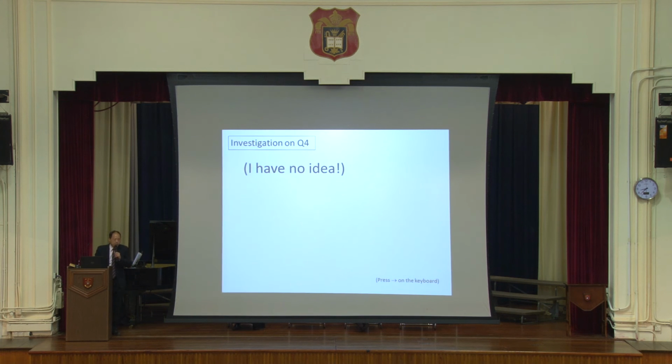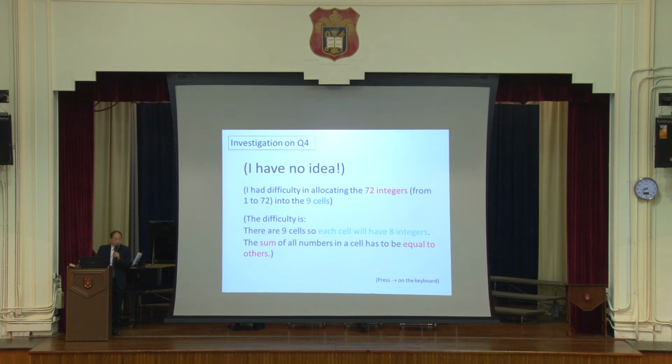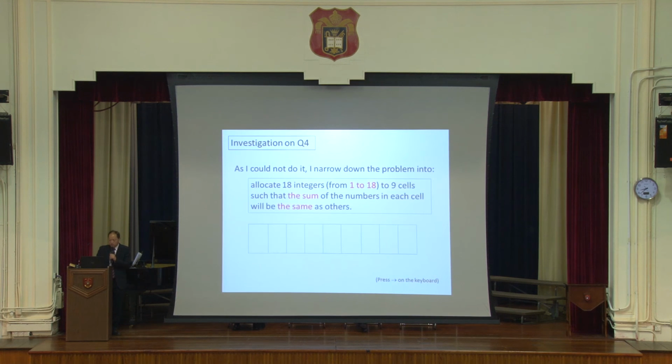I cannot do it. I mean it. I had difficulty even in allocating the 72 integers into the 9 cells. The difficulty is there are 9 cells, so each cell should have 8 integers, and the sum of all numbers in a cell has to be equal to others.